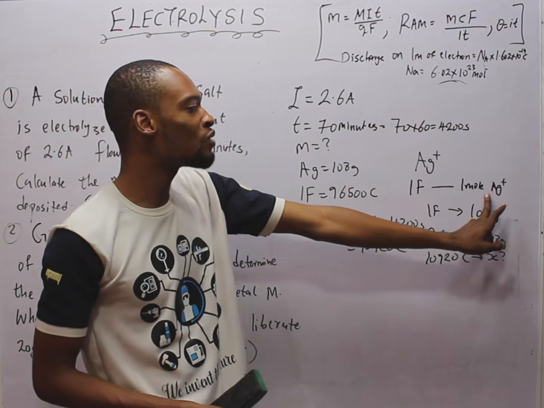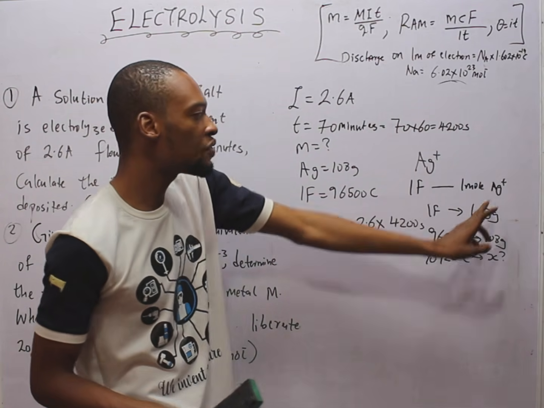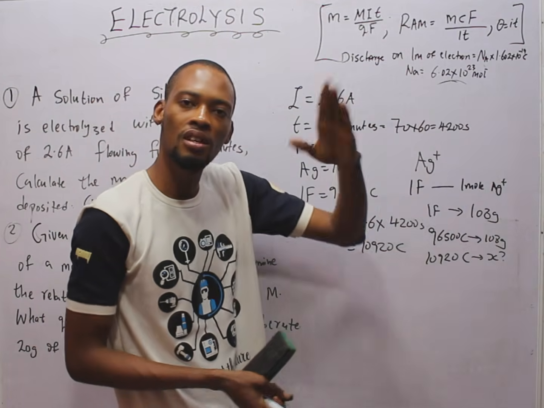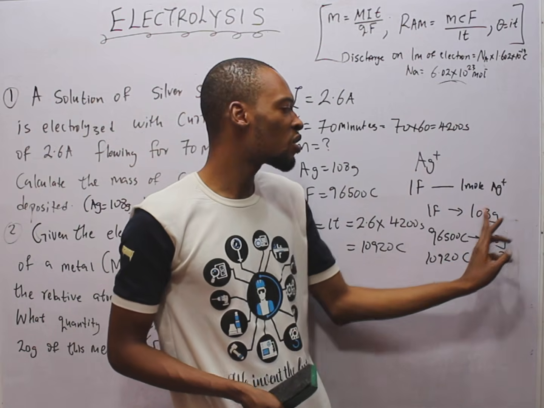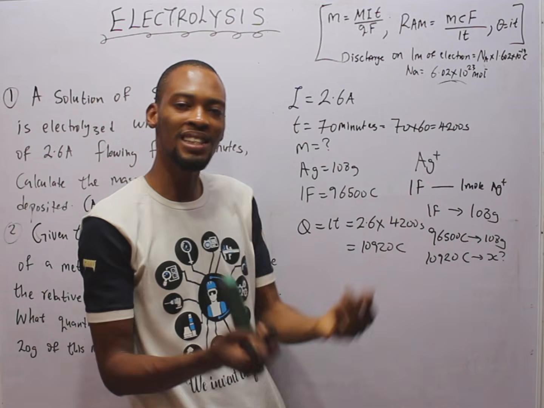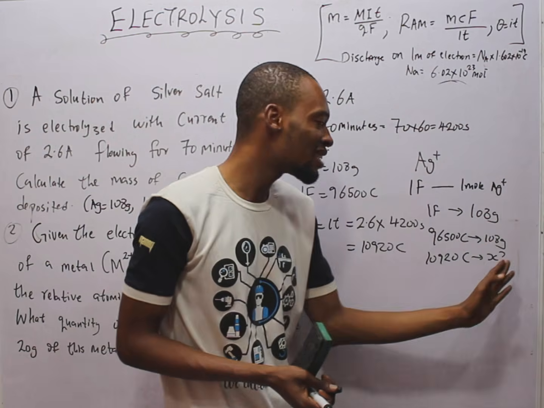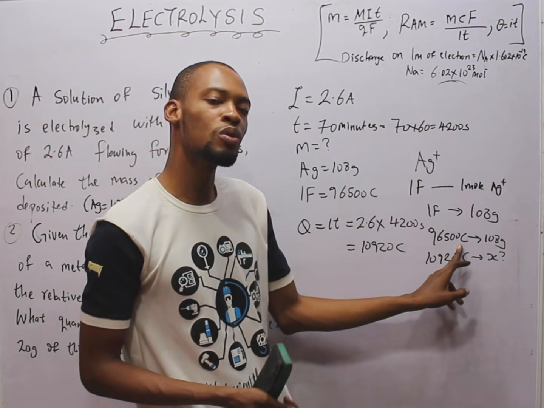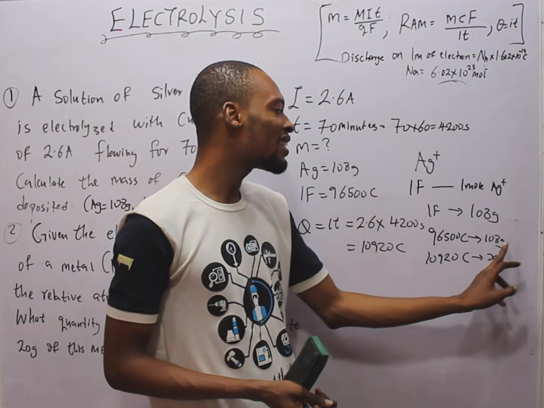1 Faraday will deposit 1 mole of Ag plus, because it has a single charge. If it were double charge, it would be 1/2 mole of the ion. Since 1 mole of silver contains 108 grams, 1 Faraday will deposit 108 grams. And what is 1 Faraday? It is 96500 coulomb. So 96500 coulomb deposit 108 grams.